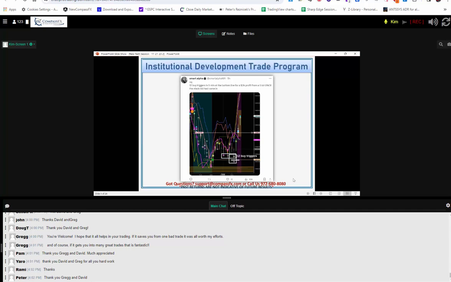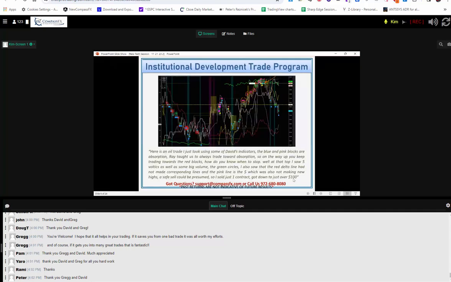And like I said, a lot of our traders in the group use these tools. You'll see, I think this was Reeve, showing an example of using the indicators, the blue and the pink blocks for absorption, and how he's taught that. You can see the traders in our group really get to develop a narrative around why they're taking a trade.